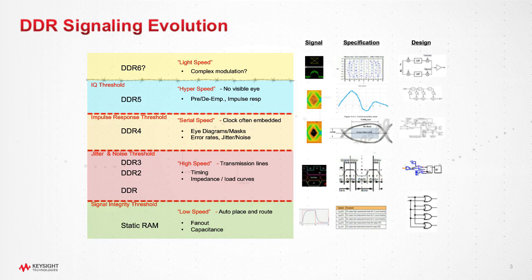In this realm, you don't think about things like timing, setup and hold times, like you did with high-speed digital. You still, of course, think about transmission lines, and you want to maintain that kind of signal integrity.